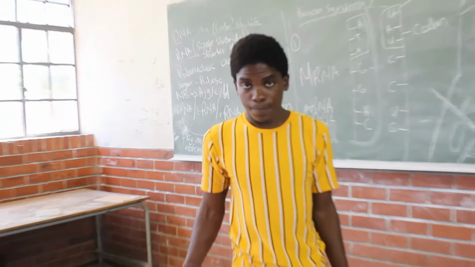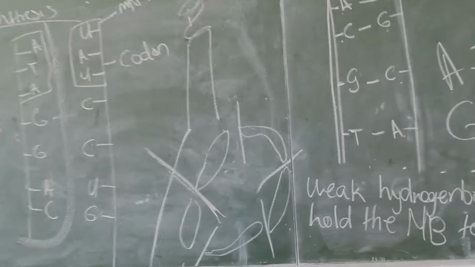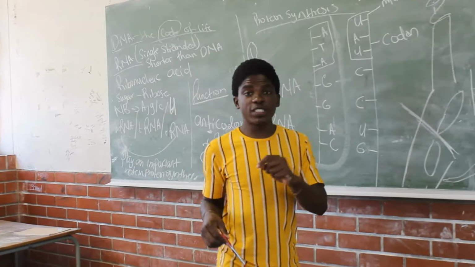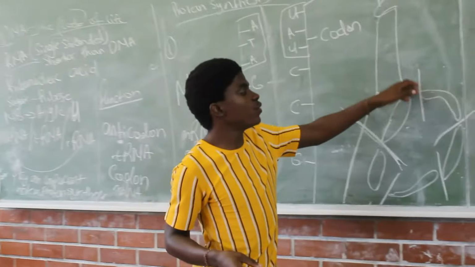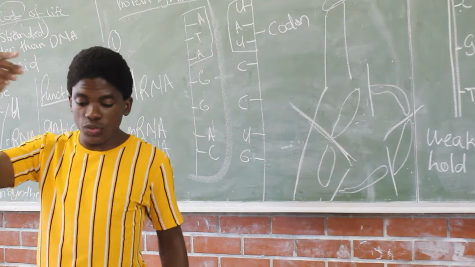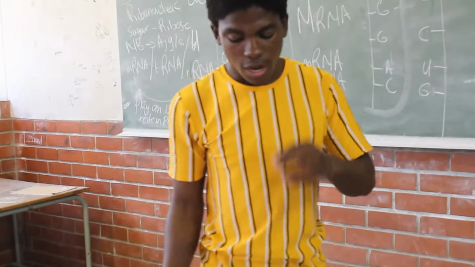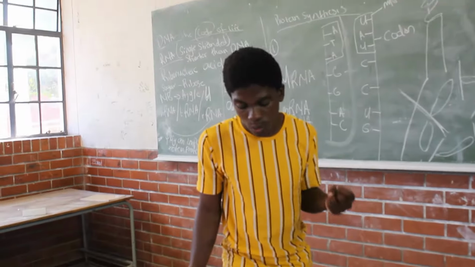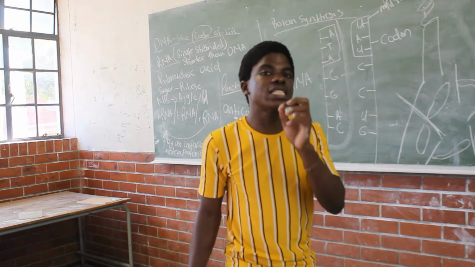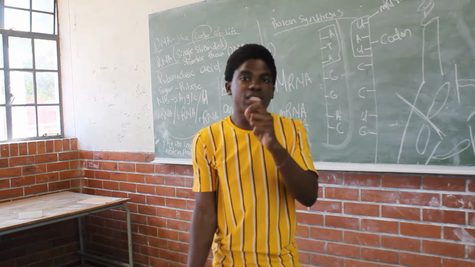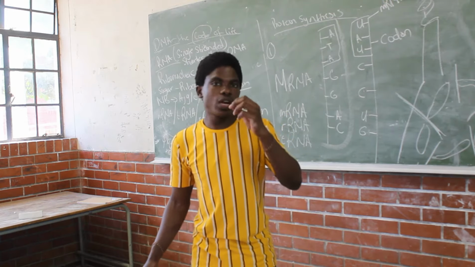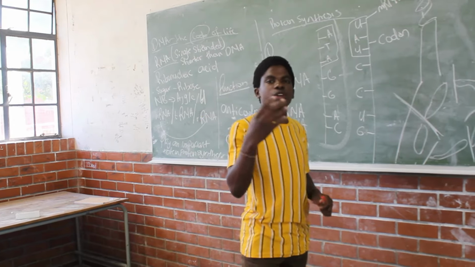Okay. So when we are talking about the movement of messenger RNA, it moves out of the nucleus through the nuclear pore into the cytoplasm. And when it is in the cytoplasm, it goes and attaches itself where? In the ribosome.